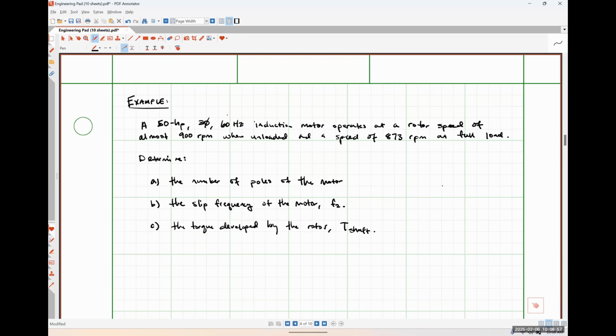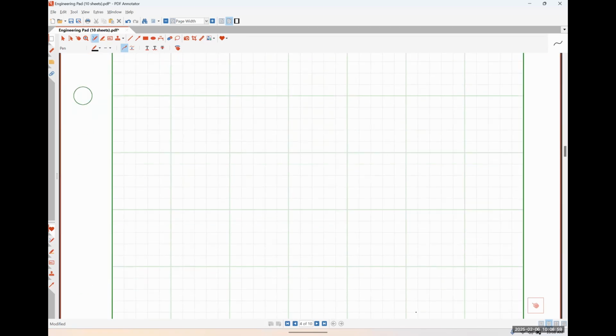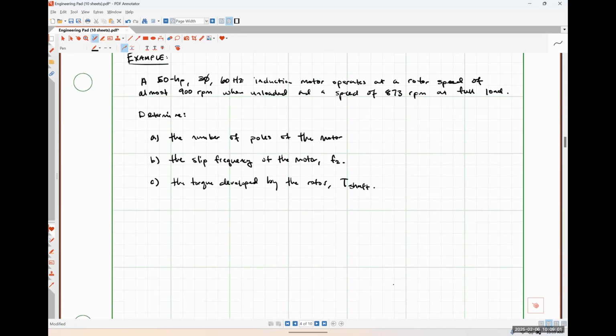So for these first two things, it's just exploring relationships of what we did towards the end of our last class, right? Our solution for part A is simply to use that relationship that our synchronous speed NS is equal to 120 times our stator frequency divided by the number of poles.